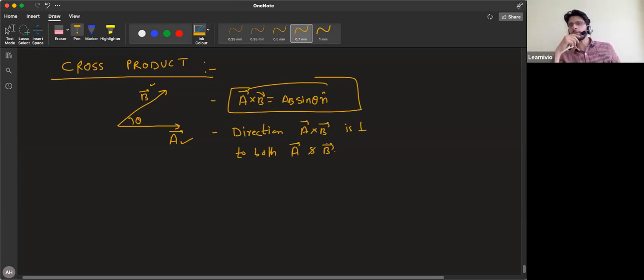If you draw vector A and B in the plane of your notebook, then A cross B is either perpendicular to the plane of your notebook, outwards, or into the plane of your notebook.